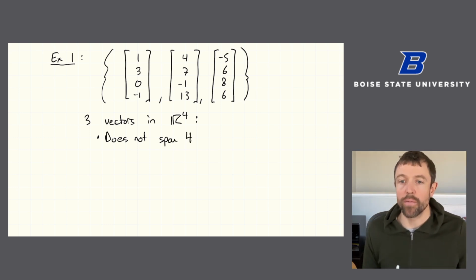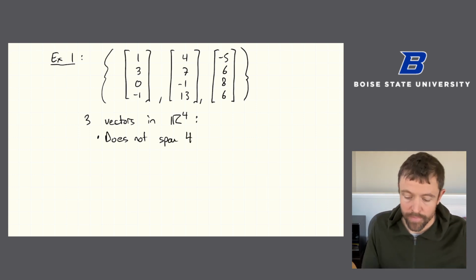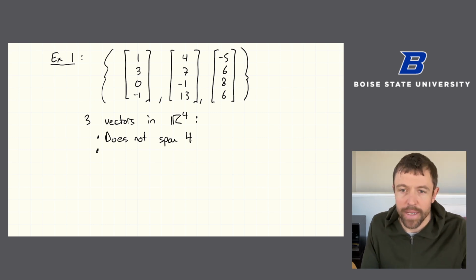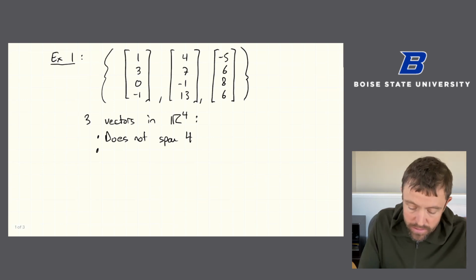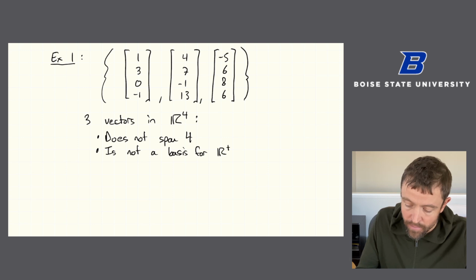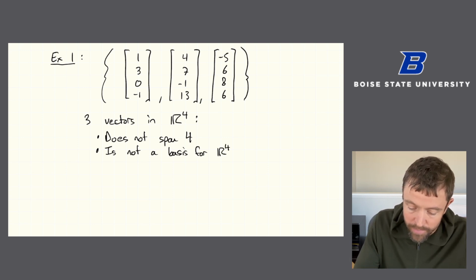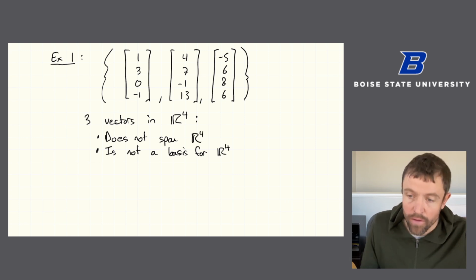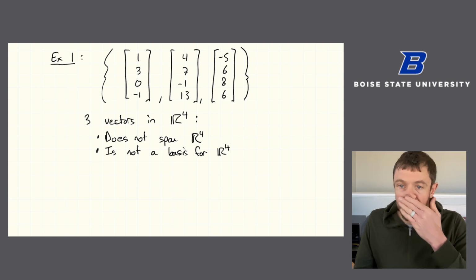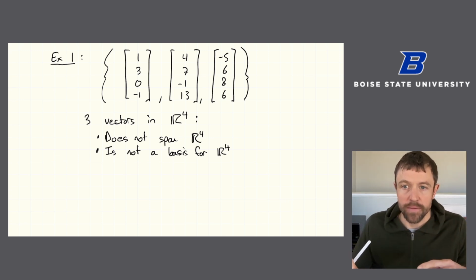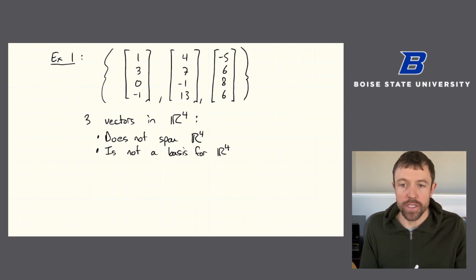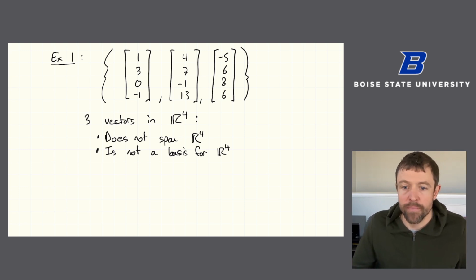To span R4, we need at least 4 vectors. And similarly, to be a basis, we would need exactly 4 vectors. So it is not a basis for R4. So 2 of the questions were easy. The third question is going to require more work.